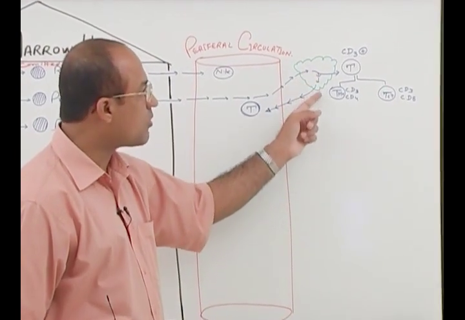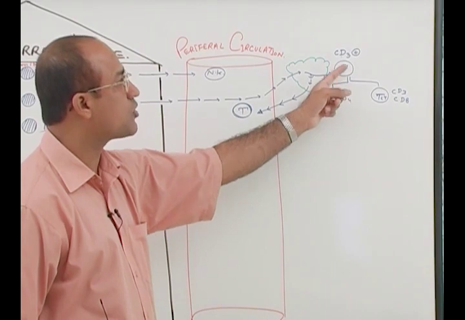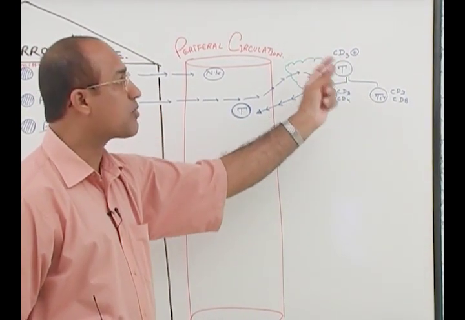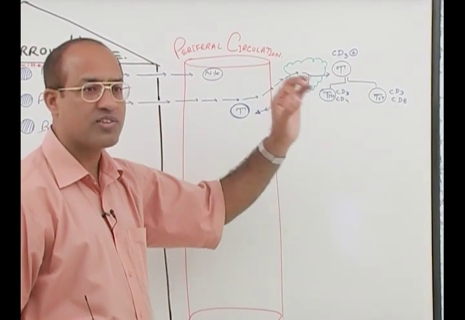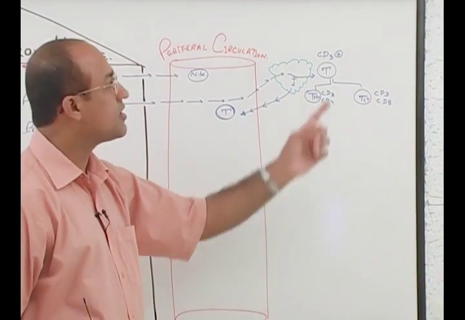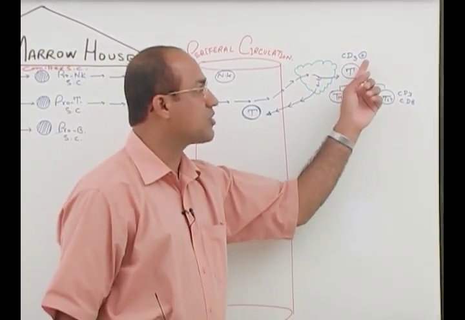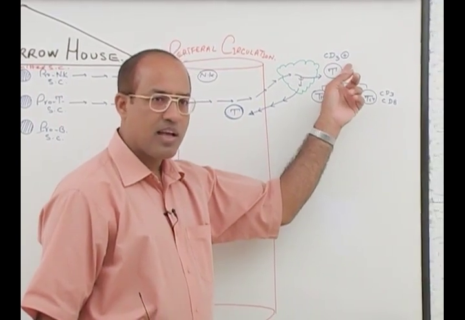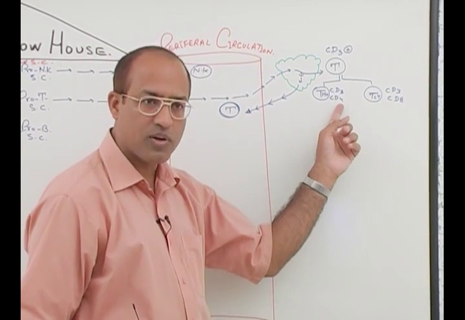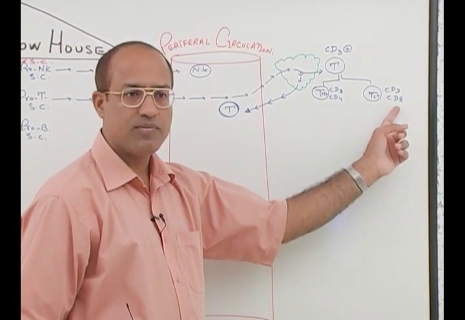Once they come out of the thymus, all T cells should have a CD3 protein. So one of the hallmark proteins which determines whether a particular lymphocyte is a T cell or not depends on whether it has the CD3 molecule or not. Now all the T cells have the CD3 molecule, but some of the T cells in addition to CD3 also have CD4, and others in addition to CD3 also have CD8.